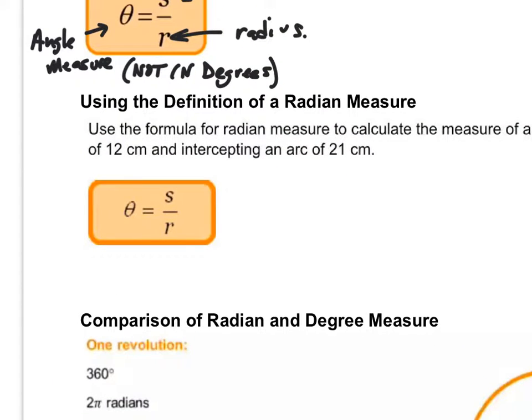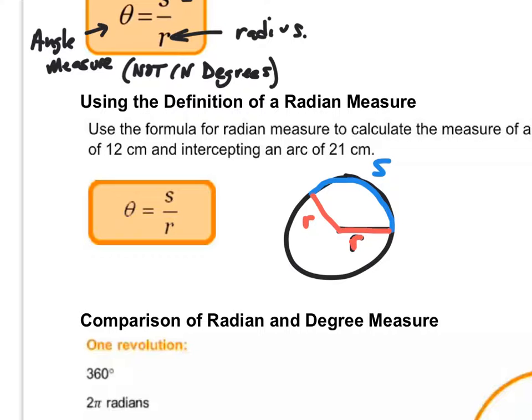Say you have a circle here, and this is your radius R, and this is your arc length S. Our angle measure in the middle is theta.